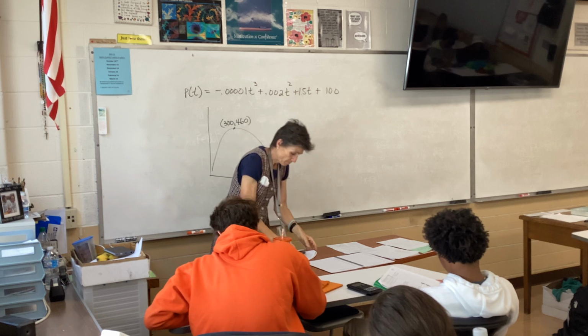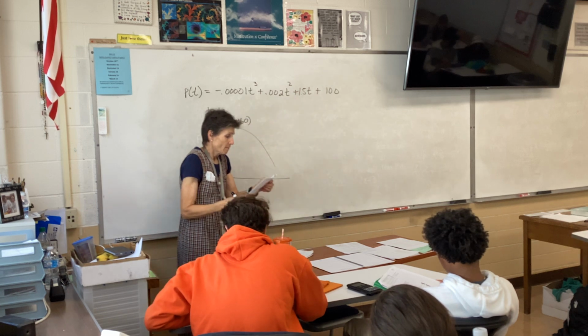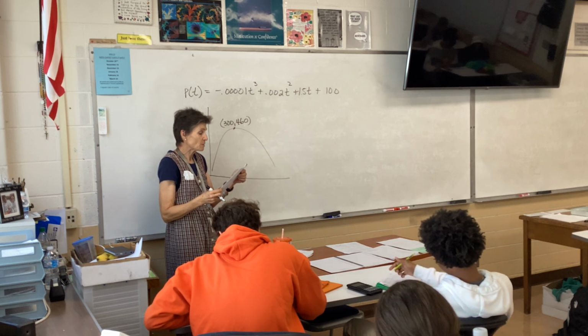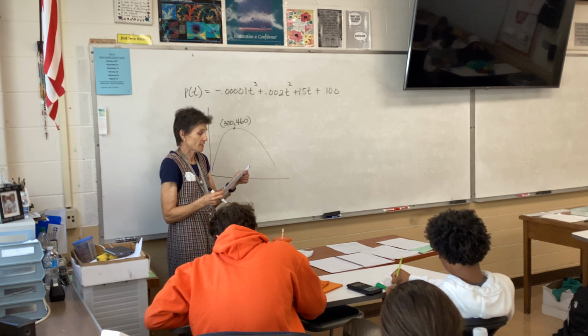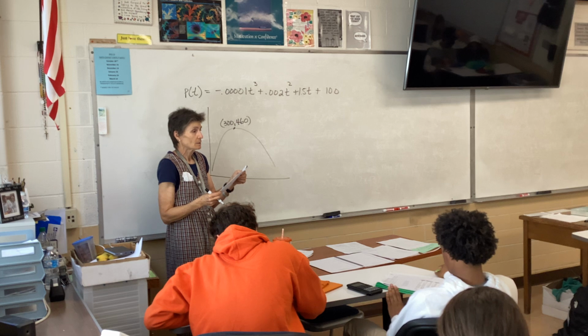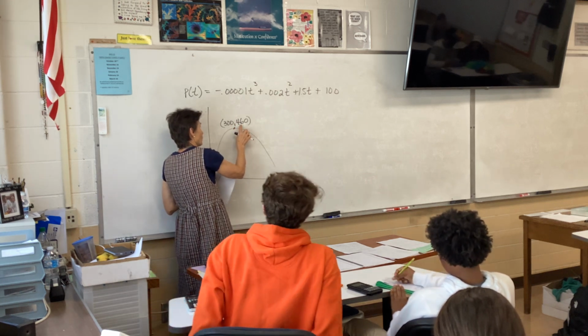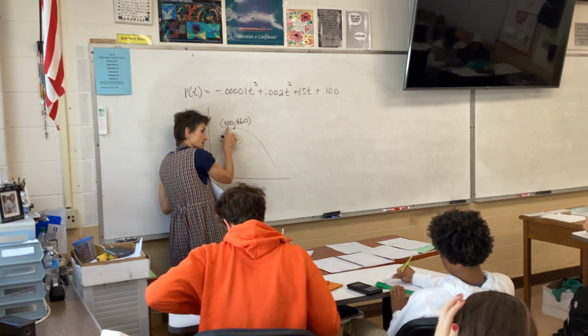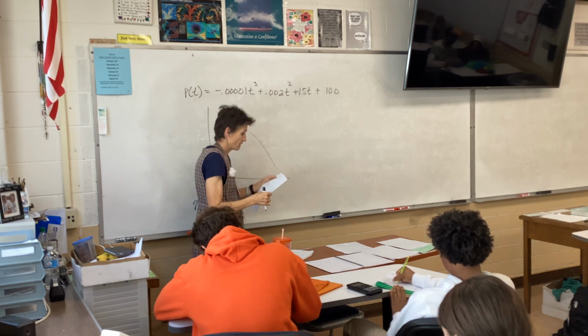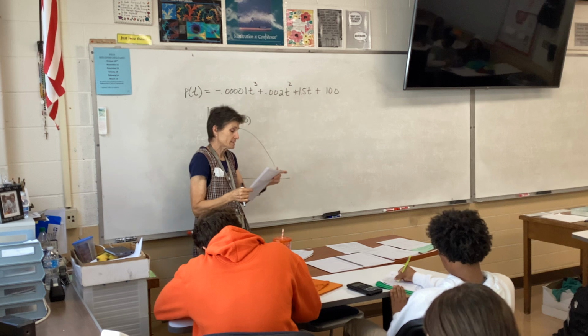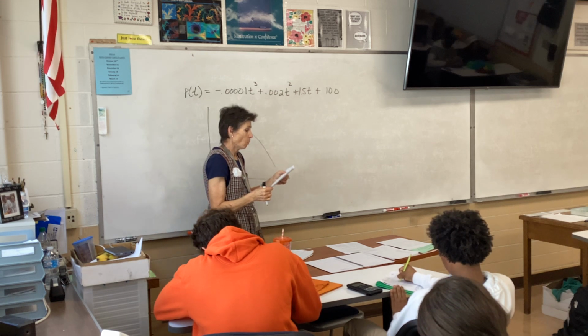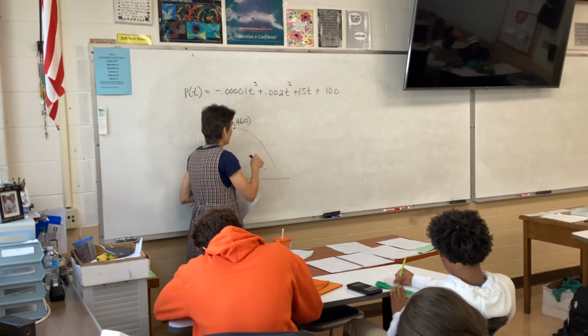Find what the maximum turkey population is and when it occurs. So how many turkeys? 460. How many days? 300. Perfect. Assuming that this model continues to be accurate, when will the turkey population become extinct?